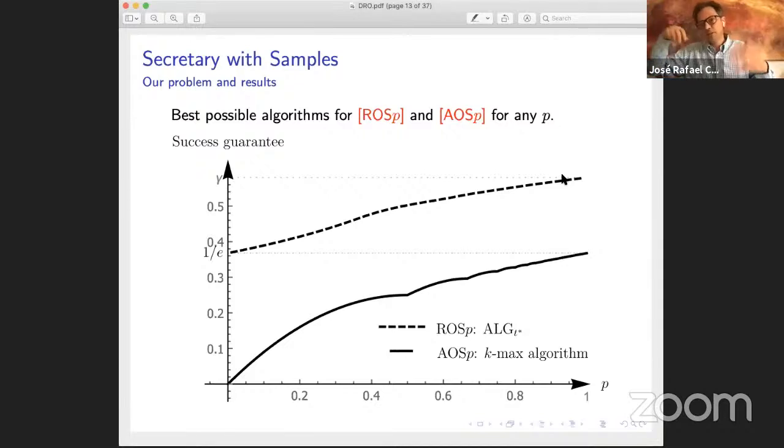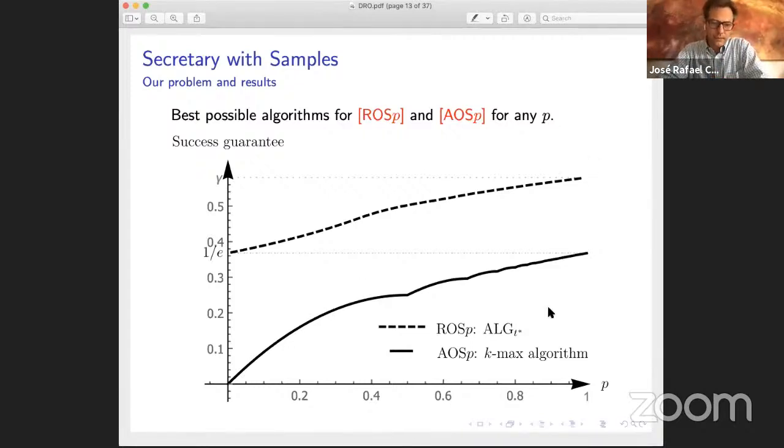The problem is that these are not IID samples from this distribution. These are just fixed values, so there's no replacement. But even so, and even though you only sample a fraction 1 minus epsilon of the values, your knowledge of the distribution is good enough that you can achieve this optimal factor. So that's basically what this is saying.